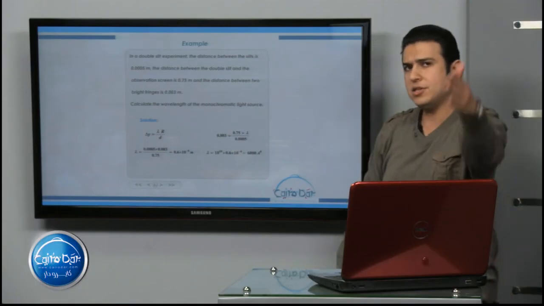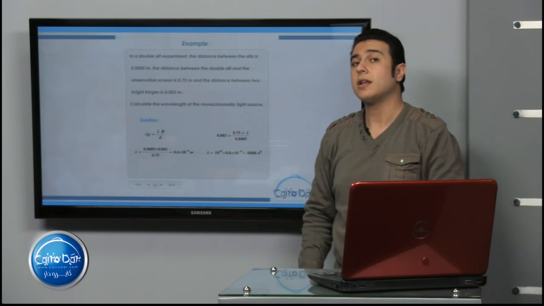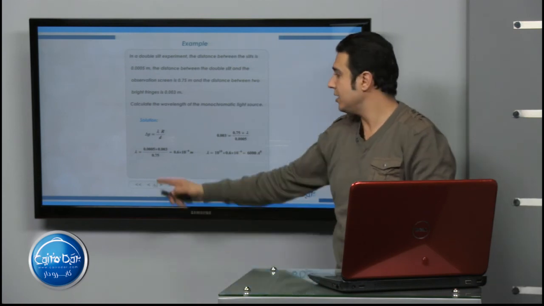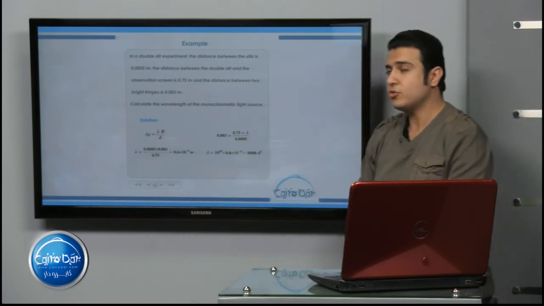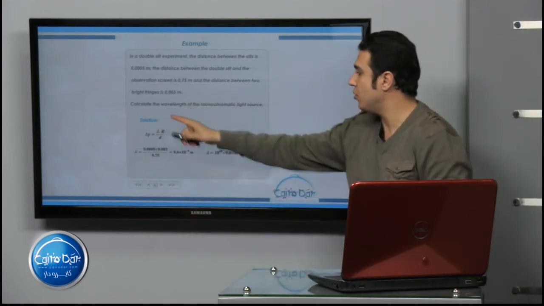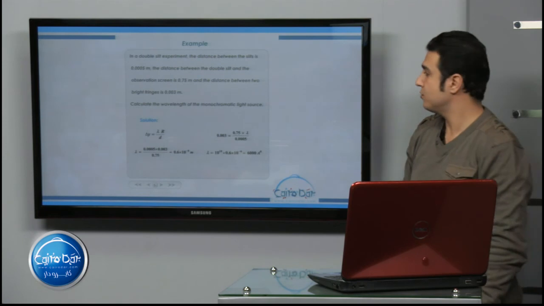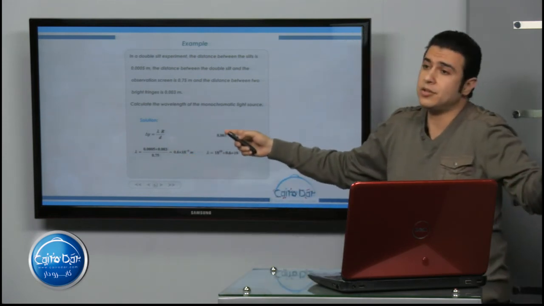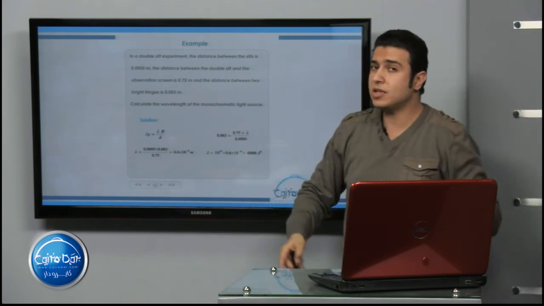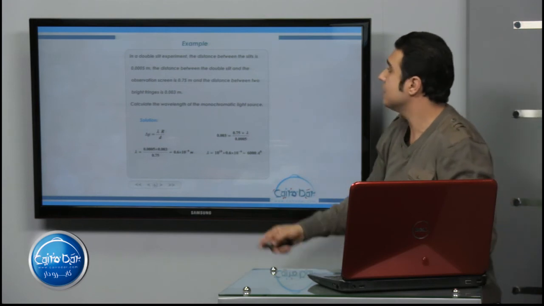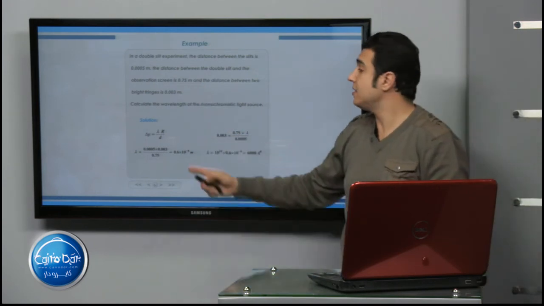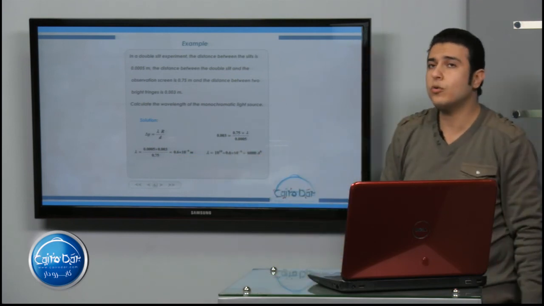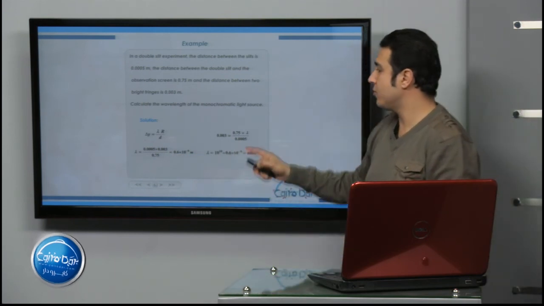Of course, as you know, delta y equals lambda R over d. So delta y, the distance between two successive fringes, 0.003, equals lambda, which we want to calculate, times R, 0.75 meter, divided by d, 0.0005.